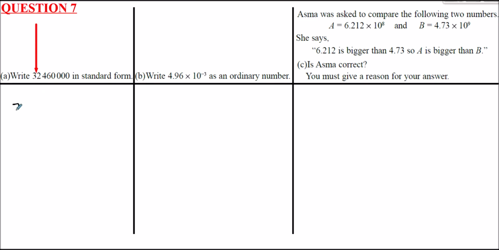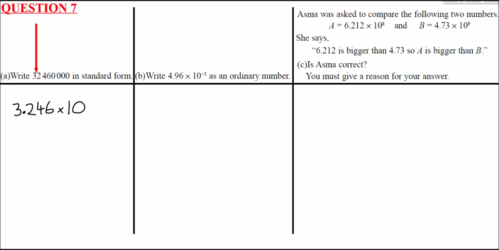So in standard form, we'd have 3.246, and those trailing zeros are not actually required. We then need to multiply this by a power of 10 to go from 3.2 to what it actually is, which is 32 million.